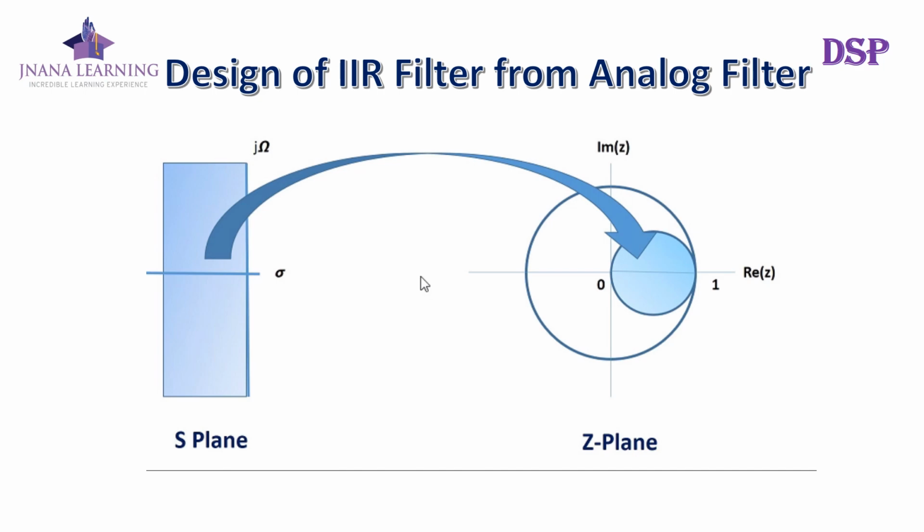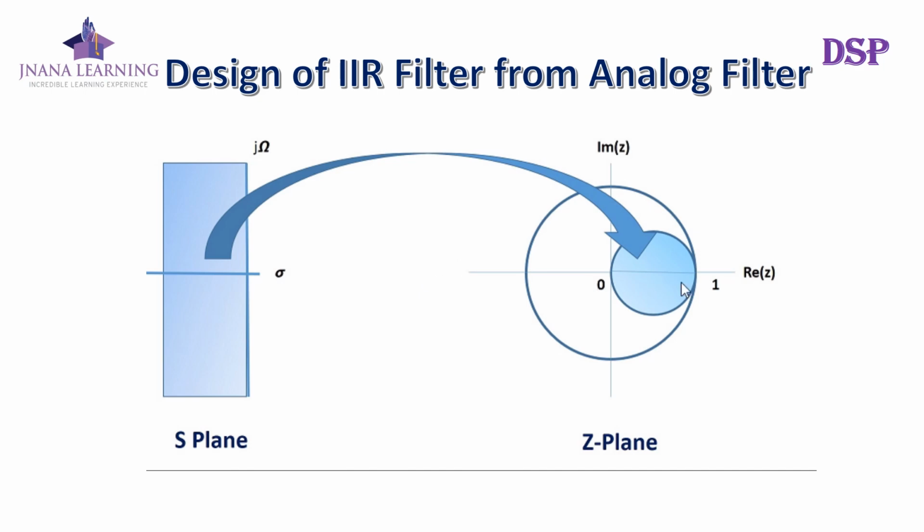Next we move on to the important step in designing an IIR filter, that is design of an IIR filter from an analog filter. There are several methods that can be used to design the digital filter having an infinite duration unit sample response, and whatever techniques we use, all are based on converting an analog filter into a digital filter.